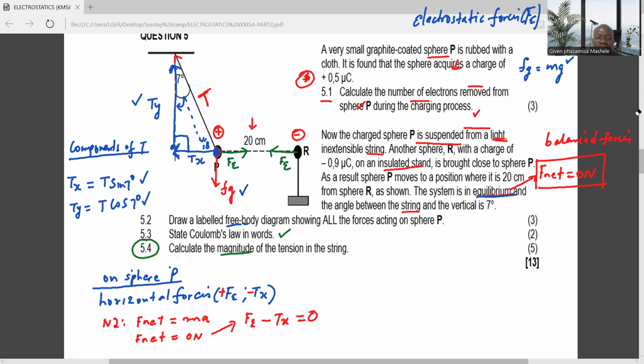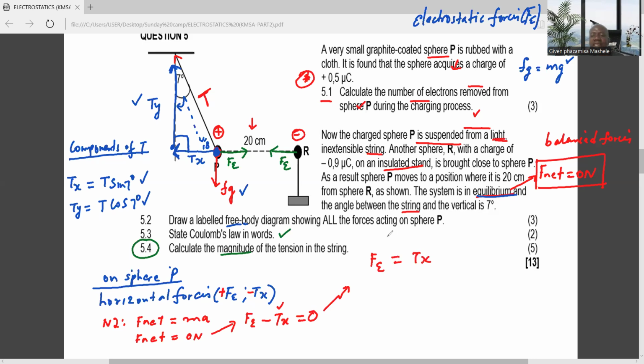And how do we do that, ladies and gentlemen? We know Fe. Let's transpose the Tx to the right-hand side, so Fe equals Tx.